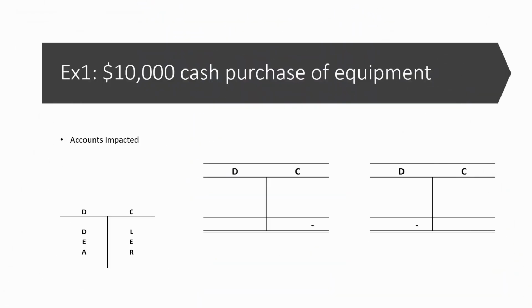In this example, we had a $10,000 cash purchase of equipment. To record this, we need to identify the accounts impacted, the amount, and then reference the accounting equation or DC Dealer to determine how to record this. In this case, the cash and equipment accounts are impacted, which are both asset accounts.